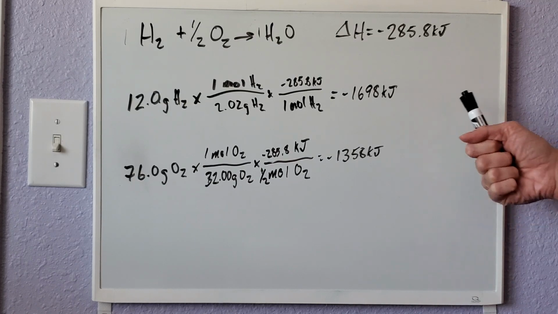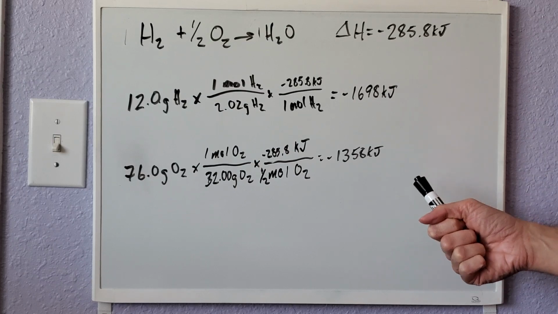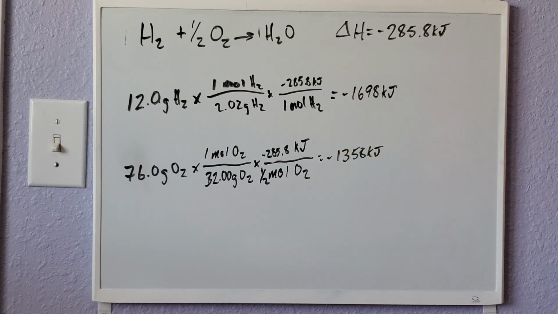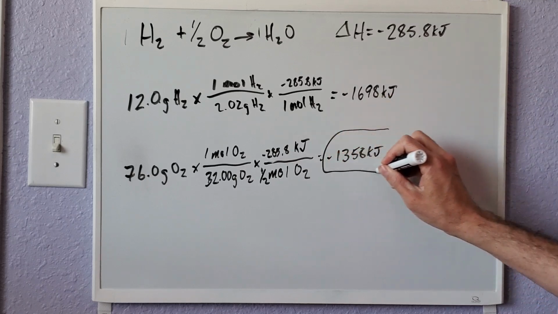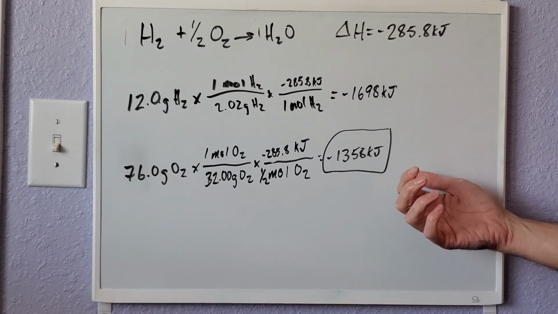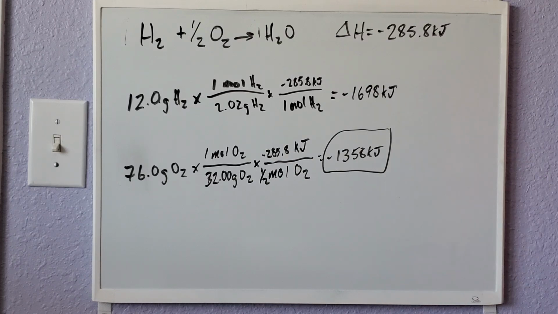And so if you're doing a limiting reactant problem here, you're still going to be looking at the lesser of the magnitudes of the energies, not the actual signs that are associated here. And so in these two cases, your negative 1358 kilojoules is going to be the lower magnitude of the energies, or basically your theoretical yield when it comes to energy.